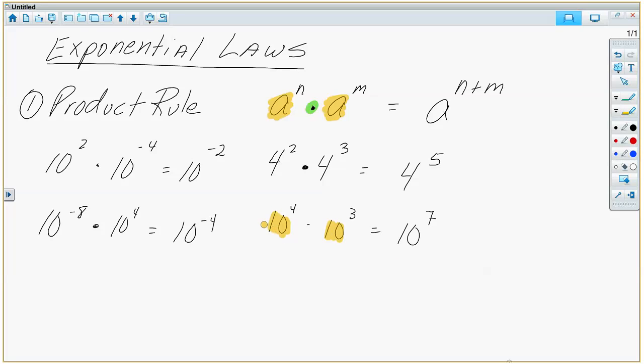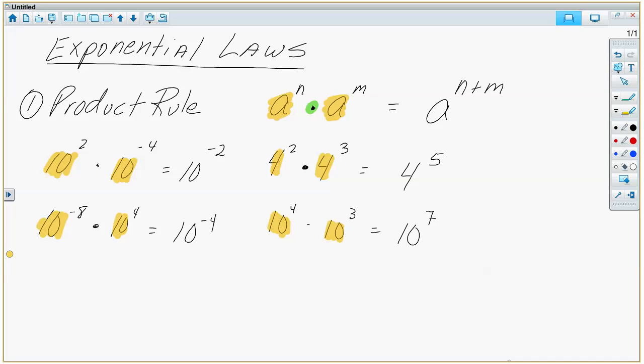Bases have to be the same. So make sure you understand how I got those answers.